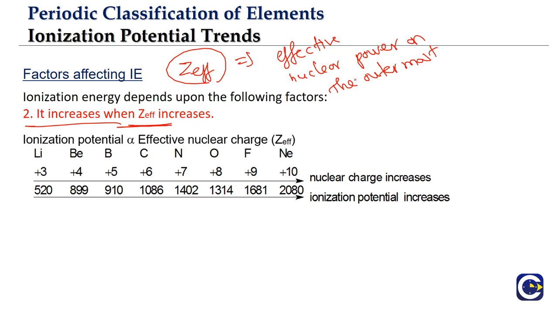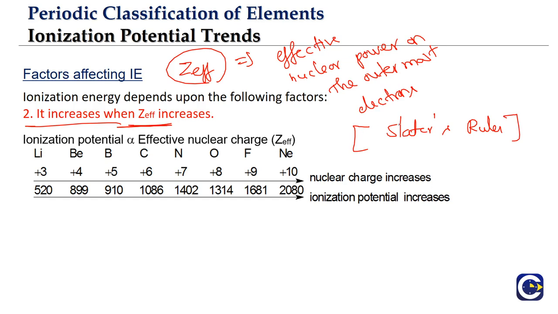Generally, we are interested in the effective nuclear charge acting on the outermost electrons. There are theories that explain how to find this Z effective. One of them, which we have covered already in a separate video, is Slater's rules.